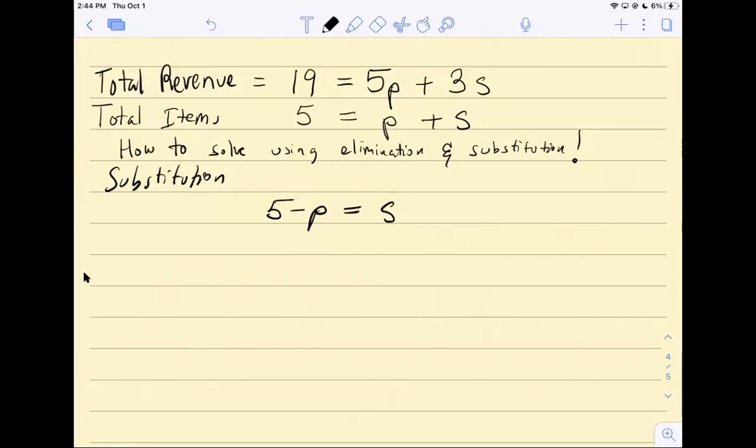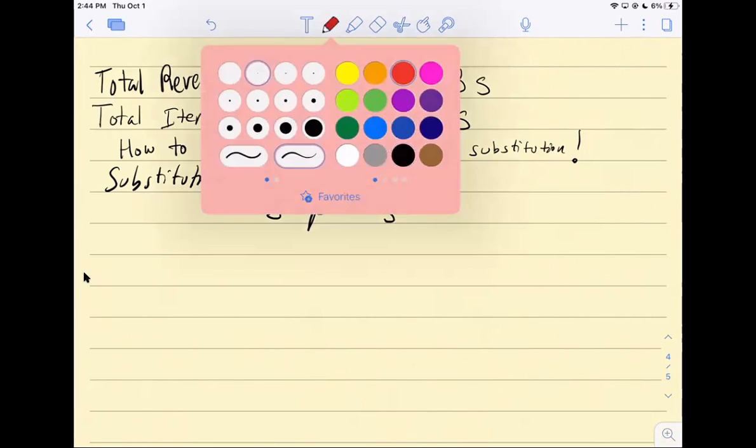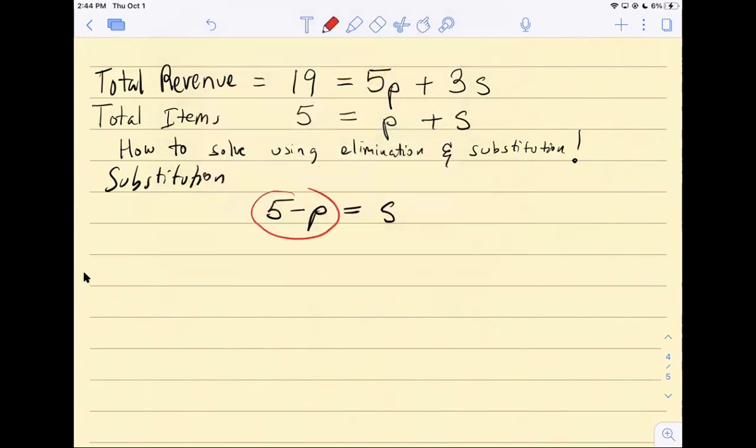So then I plugged that in, 5 minus P, into the first one. So 19 equals 5P plus 3, and then parentheses, 5 minus P. You got it. And whenever you do substitution, parentheses are really important because you've got to be careful with distributing. Great job.